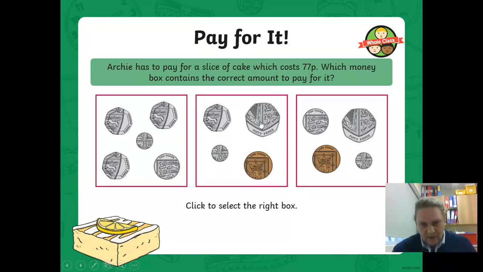Okay, so 50, 60, 70, 75, 76, 77. All right, I'm going to be careful with these 2p's and 1p's because they look similar. All right, let's just make sure that we didn't get this one. This one's not the right one. 50, 60, 65, 66, 67. Okay, so it's this box that we need.